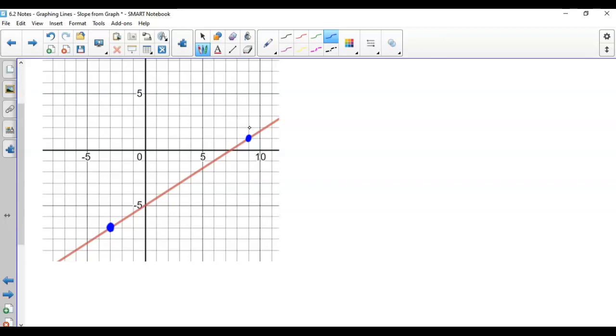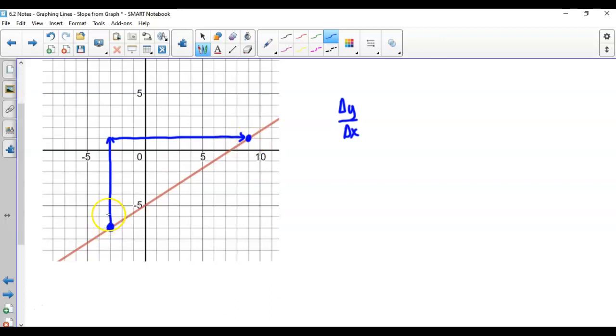So maybe you don't see that there's this point right here or this point right here that you could have used instead, or this point right here. So it's still change in y over change in x. So in this graph, I would have to go up this far and to the right this far in order to get from this bottom point up to this top point.